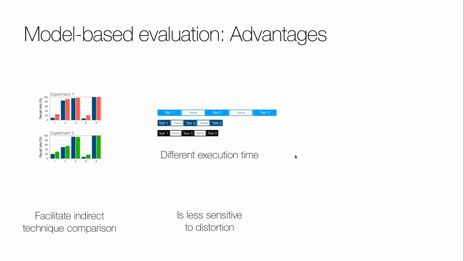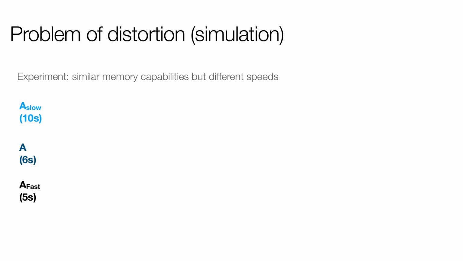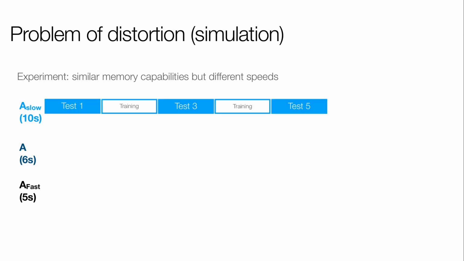Another advantage is that it is insensitive to differences in execution times between recall-based interaction techniques. For example, let's consider 3 recall-based interaction techniques, which are strictly identical from a memory perspective, but which have differences in execution times.